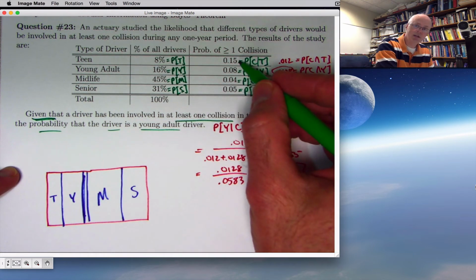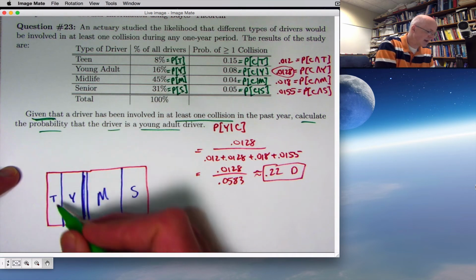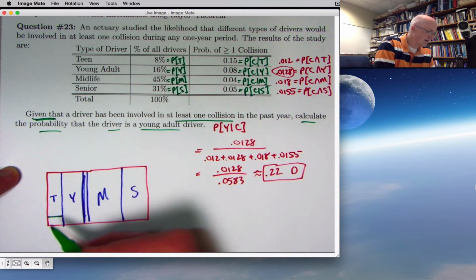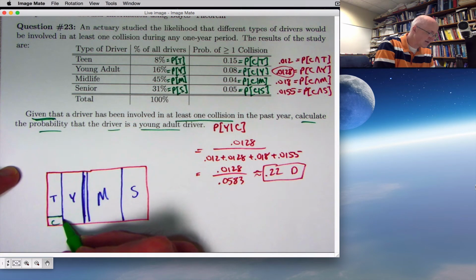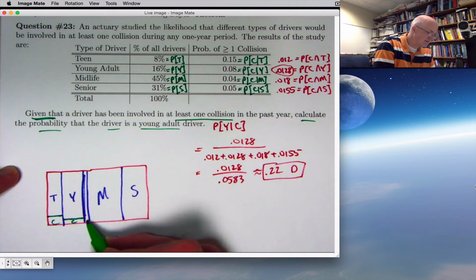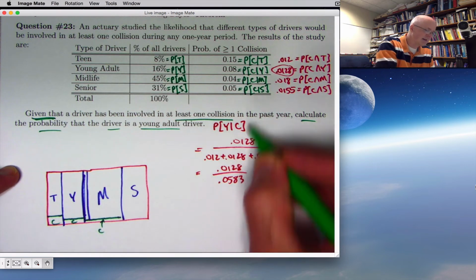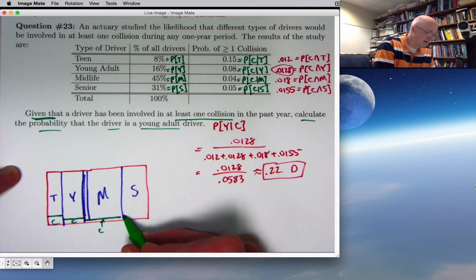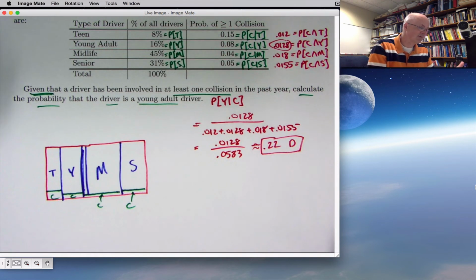So for example, this 15% is the relative area of the collision in the T rectangle. 15% of T's area is given by C. Likewise, 8% of Y's area is given by C, maybe about like this. 4% of M's area, about like this. And finally, 5% of S's area, about like this. All four of these form C, the event that there's at least one collision during the year.